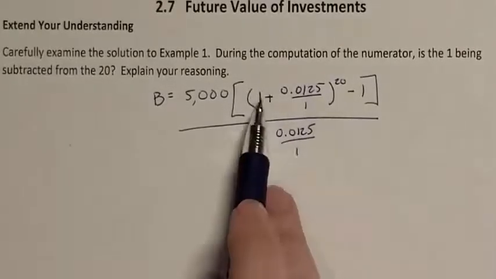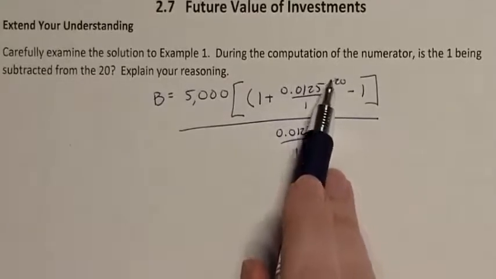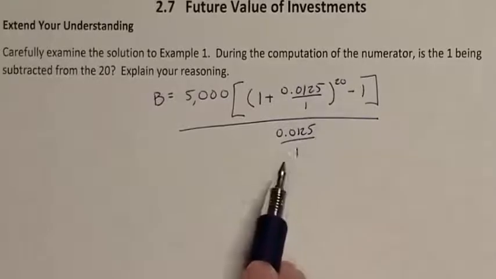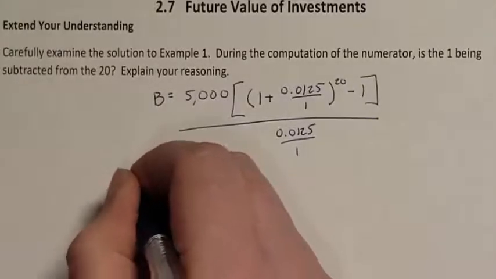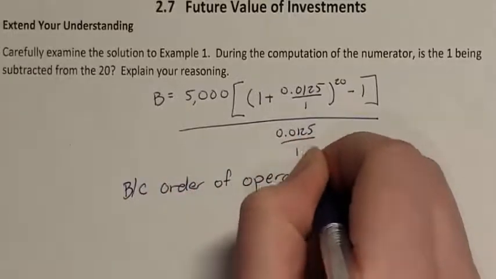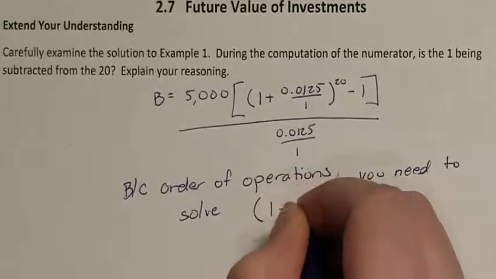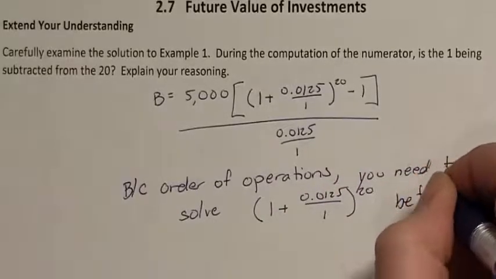Order of operations says you have to do the parentheses first, then the exponents, and then you will subtract. You do not do 20 minus 1. Order of operations does not say so. So because of order of operations, you need to solve this entire parenthesis before you can subtract the 1.